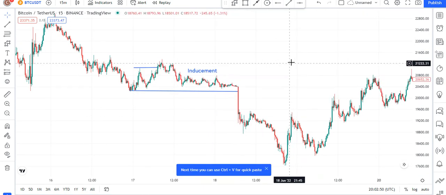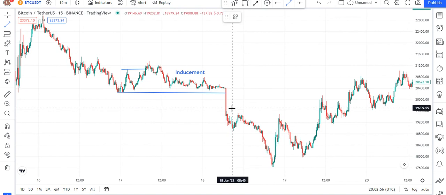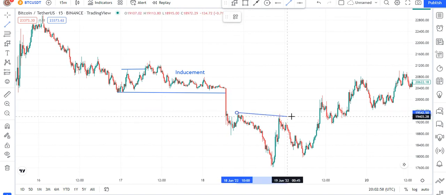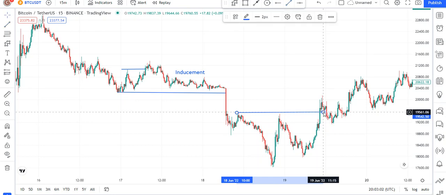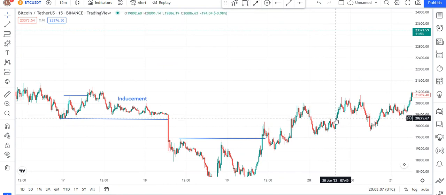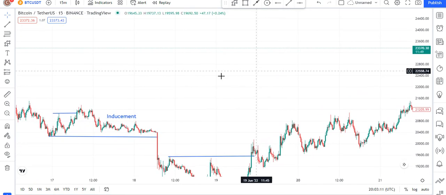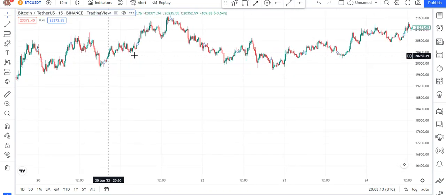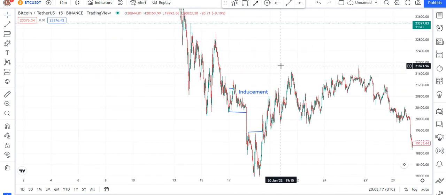In this case, the price came and took out a strong high over there. After taking out that strong high, it starts creating a new uptrend. The uptrend lasts for some time before the downtrend probably resumed, or it became a new uptrend.